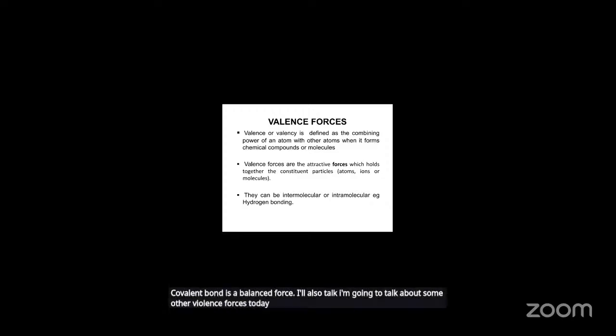I'm going to talk about some other valence forces today, which are intermolecular or intramolecular valence forces. Hydrogen bonding is a valence force. Van der Waals force is also a valence force. These forces hold constituents, atoms, molecules, or ions together in a molecule.